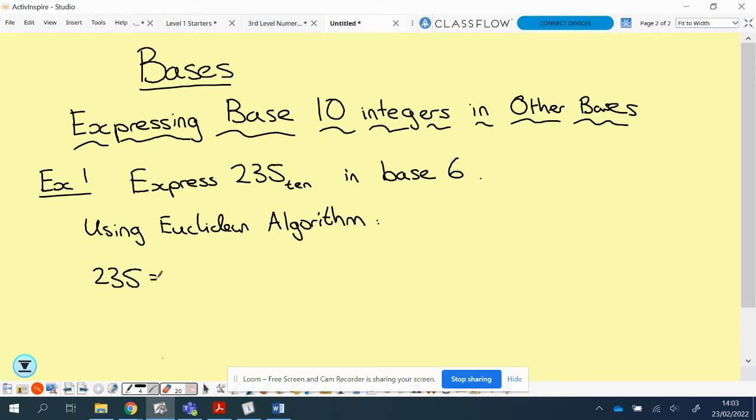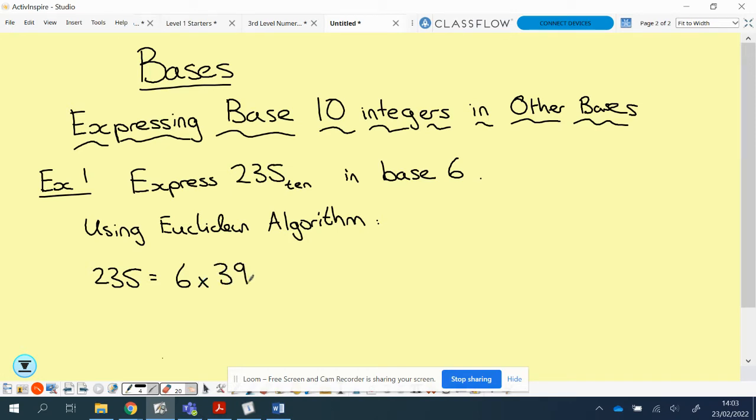I want to change this number into base 6, so I'm always thinking about how many times 6 can fit into this number. So it's going to be 6 times something, plus a remainder if there's any. If I work out how many times 6 fits into 235, it fits in 39 times.